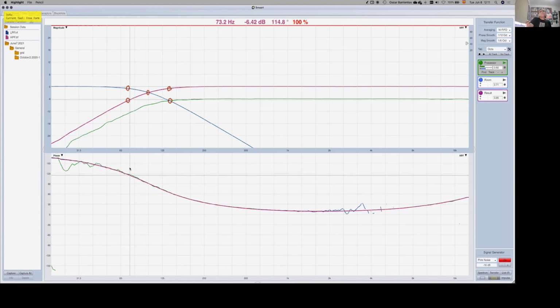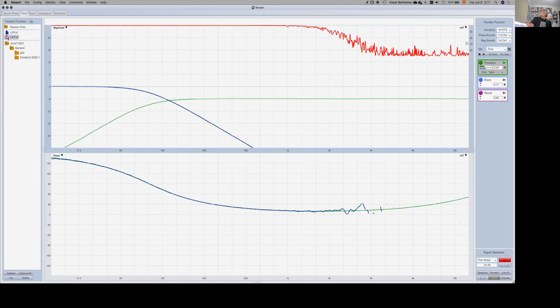Okay. Of course, so Oscar, the phase will not be an issue if the phase alignment has been done previously. Exactly. The key here with what you explained is this: the crossover will shift in the direction of the band with less level.